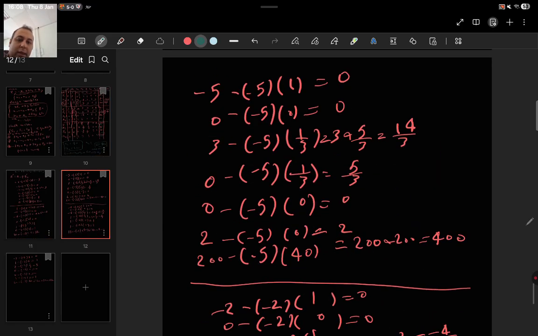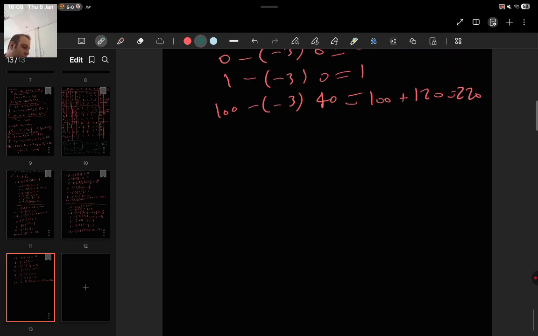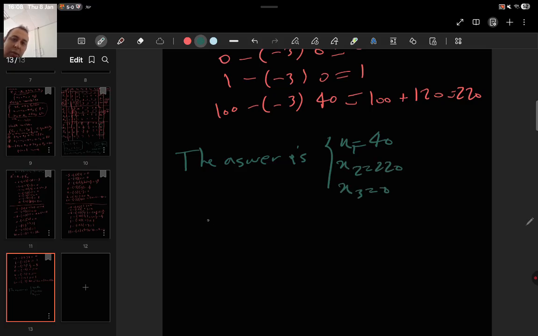So our answer is x1 equal to 40, x2 equal to 220, x3 equal to 0, and the maximum value is 400. Z equal to 400. Done.